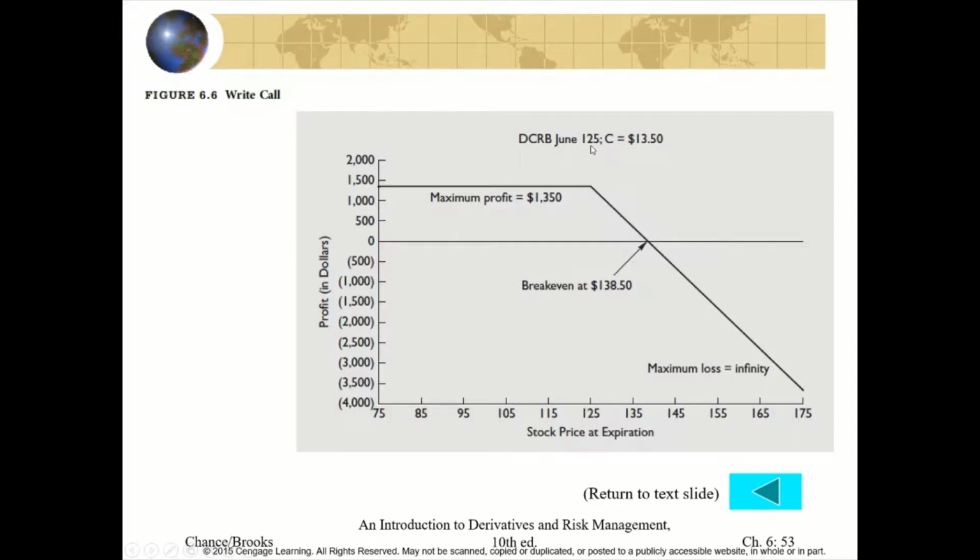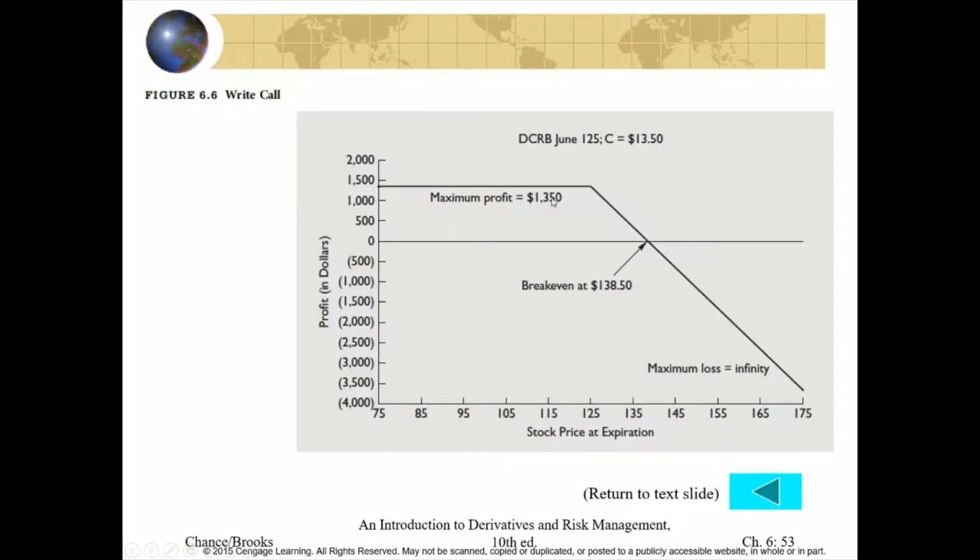Because I will always pay the difference between the price and the strike price and receive the premium. So at 138.50, my position will break even. I will neither lose nor gain. If the option expired out of the money, then I will keep the premium.